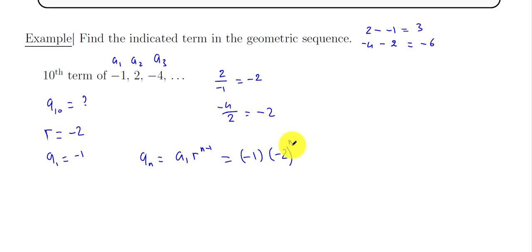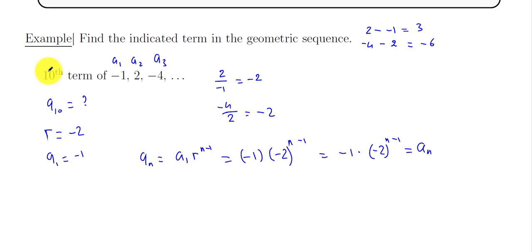So we can simplify this to a_n = minus 1 times minus 2 to the n minus 1 power. This is the a_n formula.